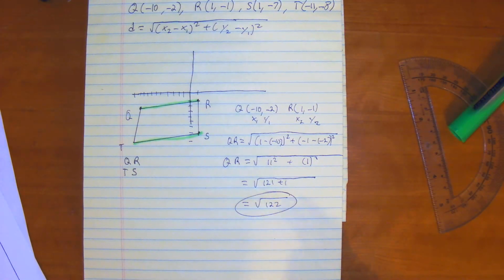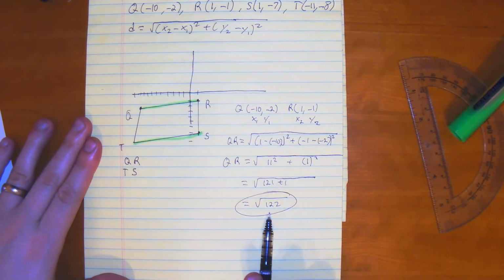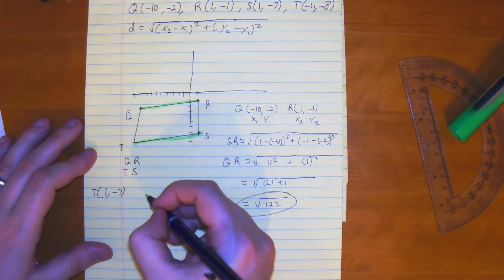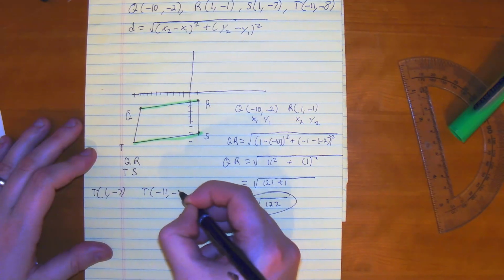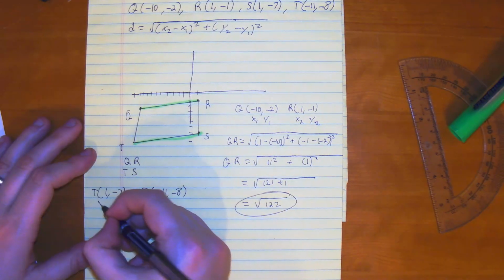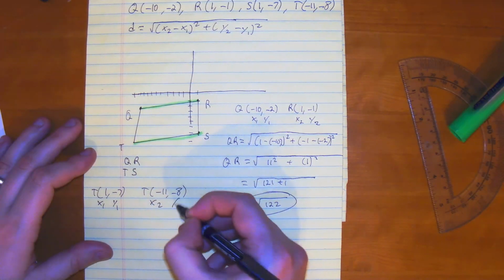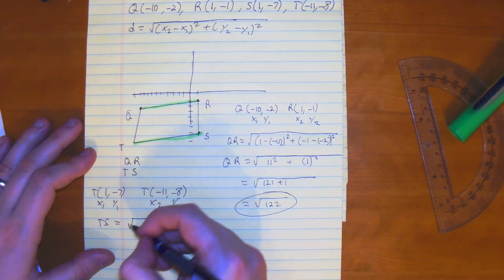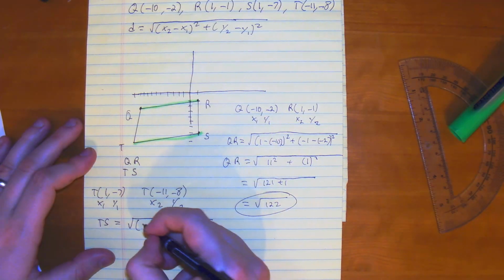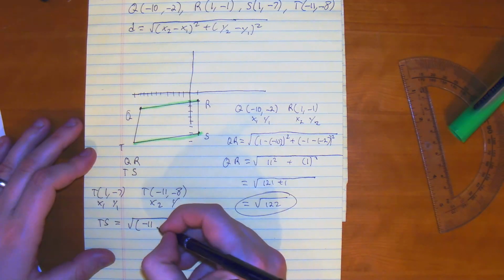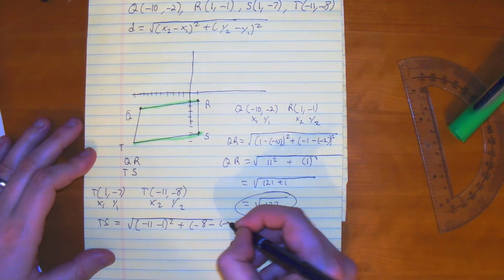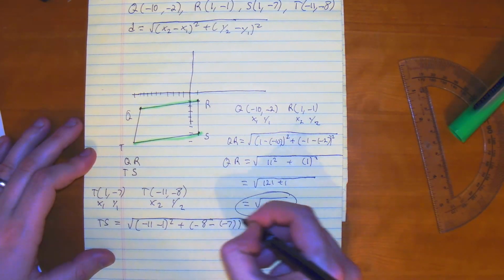Now we want to find the distance of TS. TS has to be the same length as QR. So S was at (1, -7), and T is at (-11, -8). So right here we have this as X1, Y1, X2, Y2. So the length of TS is equal to the square root of x2, negative 11, minus 1 squared plus negative 8 minus negative 7 squared.